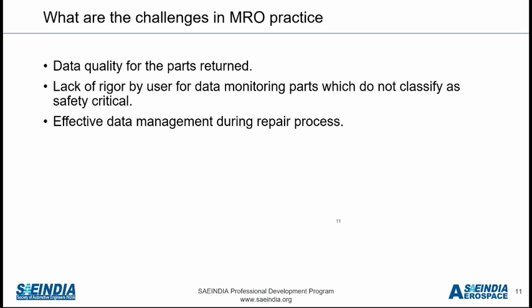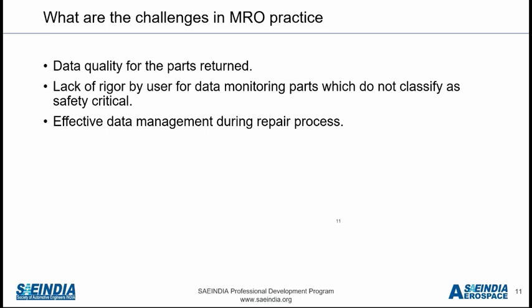An aircraft might have more than 5 lakh parts, and not everything is critical in terms of safety, like engine, avionics or landing components. For some of the in-between components, which serve only simple functions, nobody tracks the information, and that is one of the biggest challenges.